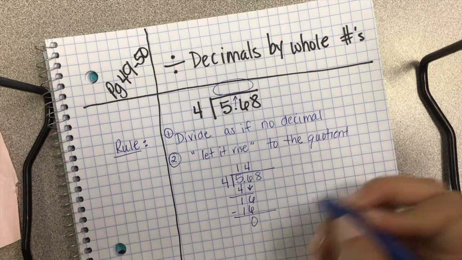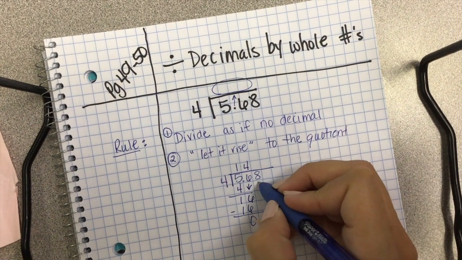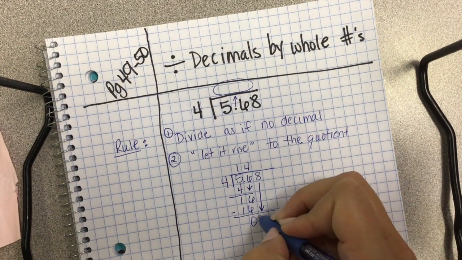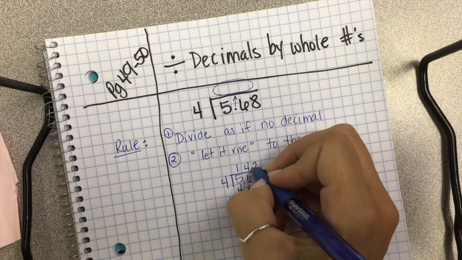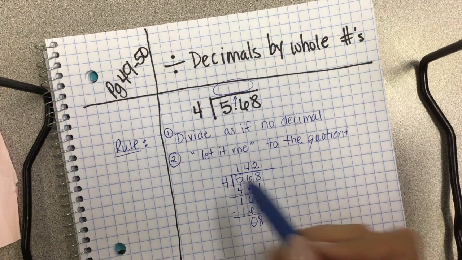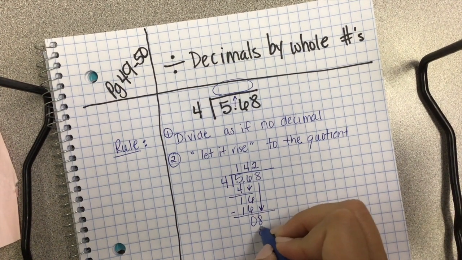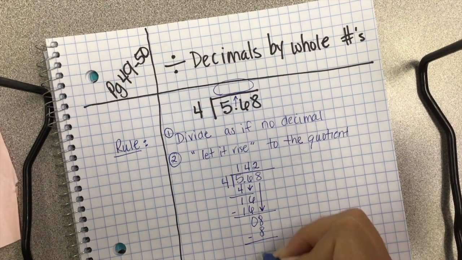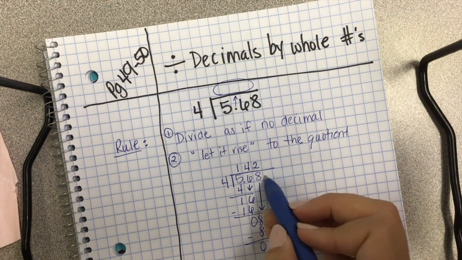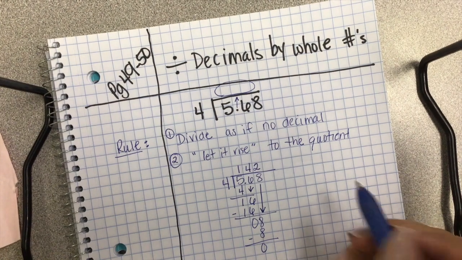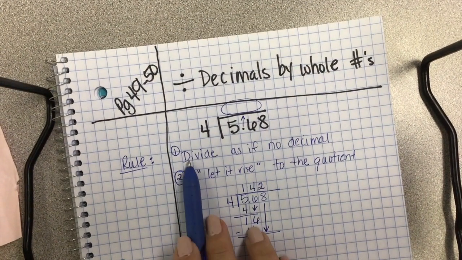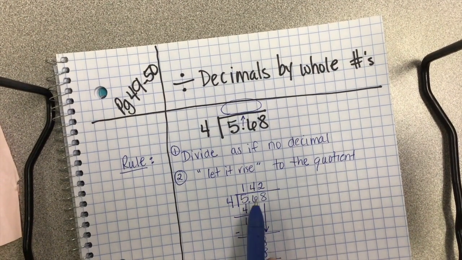0. Okay, well 4 doesn't go into 0, so we got to drop down that 8. How many times does 4 go into 8? 2 times. 2 times 4, 8. 8 minus 8 is 0. And there's no more digits I need to drop down. So our remainder is nothing, right? And then, so I divided as if there was no decimal.